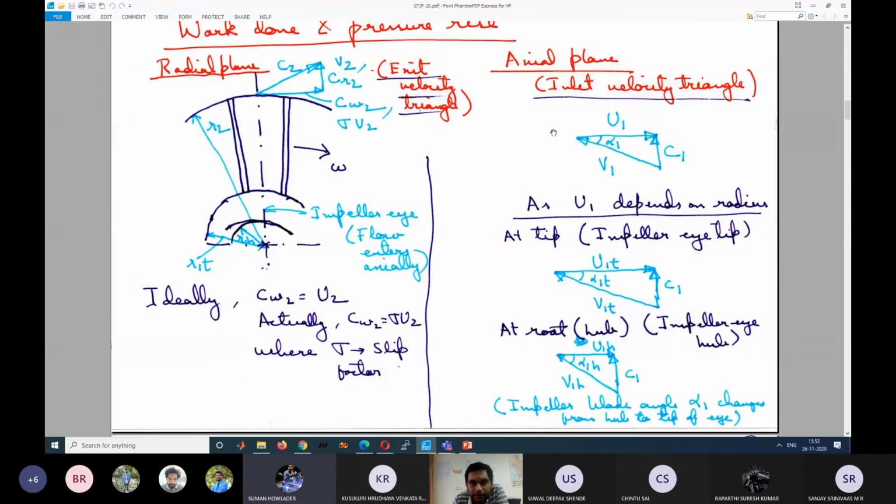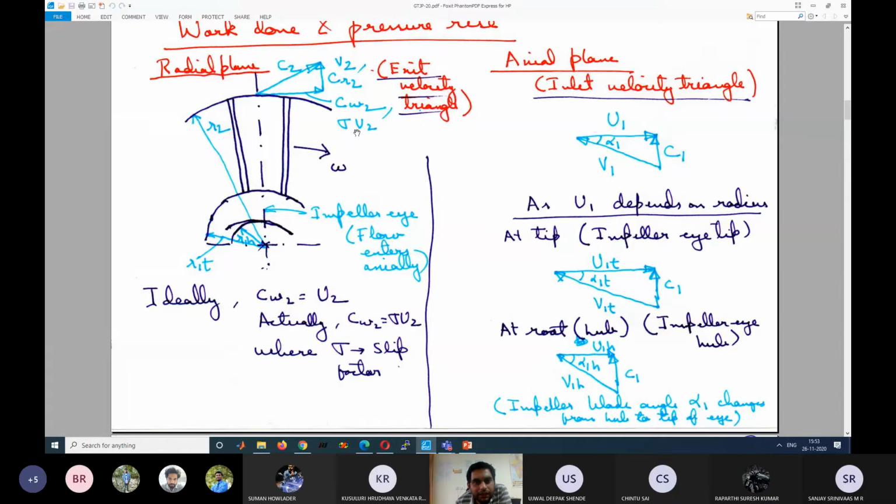What about the inlet? R2 and W2 are subscripts, no, sir? Correct. C is used for denoting the absolute velocities, V for the relative velocities, and U for the blade velocities.